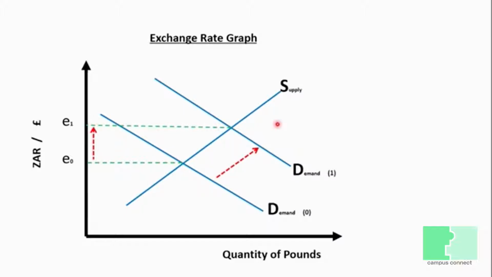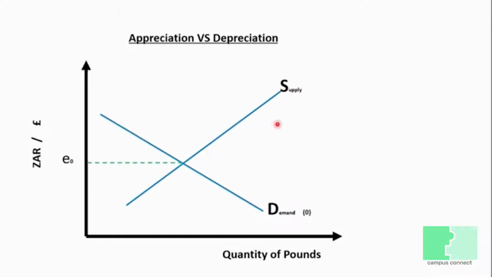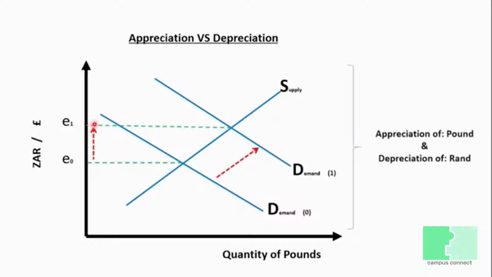All right. But before we look at some of the things that cause demand to shift from D0 to D1, let's look at what it actually means when demand goes from D0 to D1. And that is the idea of appreciation and depreciation. If our demand moves from D0 to D1, equilibrium exchange rate moves from E0 to E1. That is known as the appreciation of your pound, the depreciation of your rand.